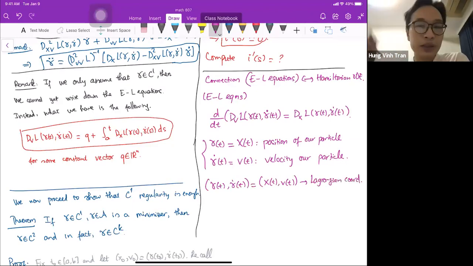So whenever you see a talk in fluid mechanics or others about Lagrangian coordinates or Lagrangian viewpoint, this is that.